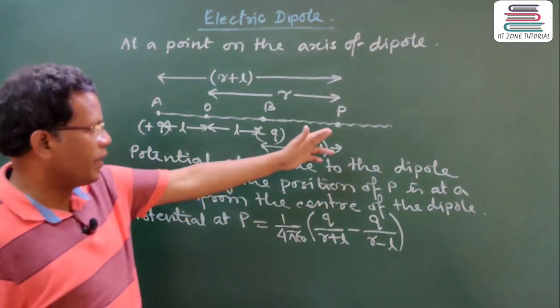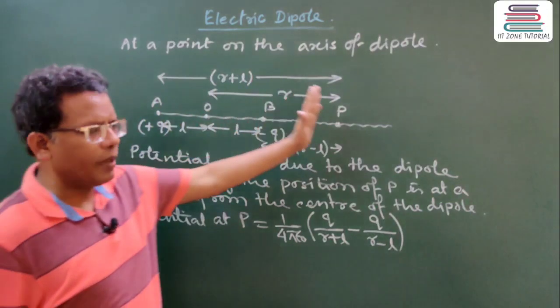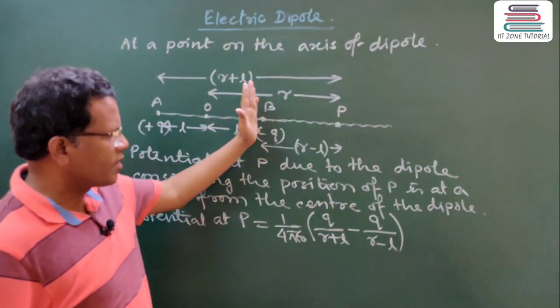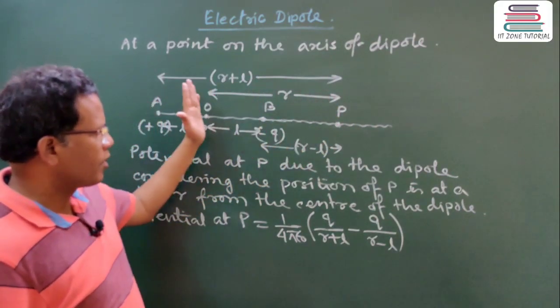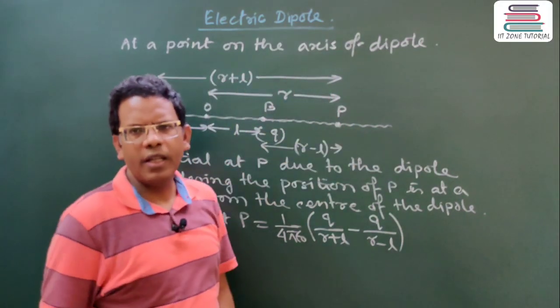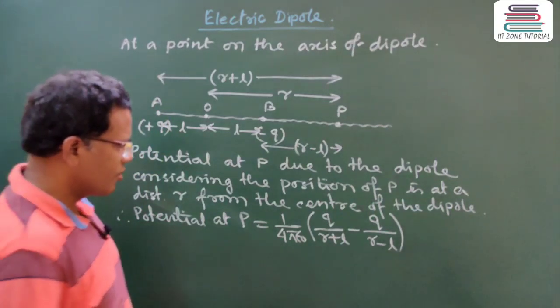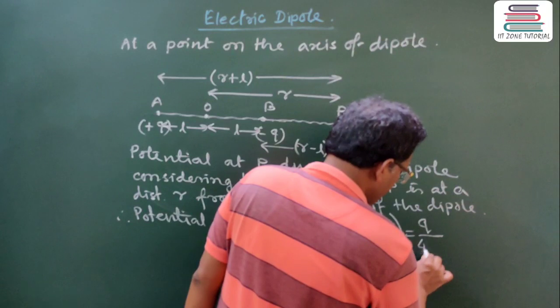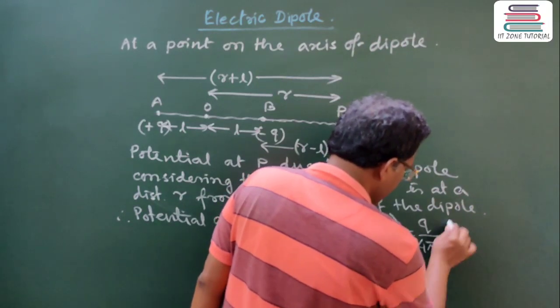At P due to plus q, the distance is r plus L. At P due to minus q, the distance is r minus L, because from the center to the point P it is taken as r. So taking q common, we can write q by 4 pi epsilon 0.